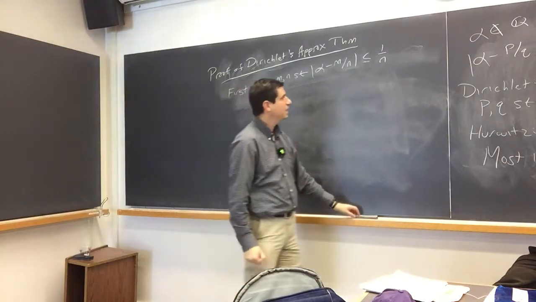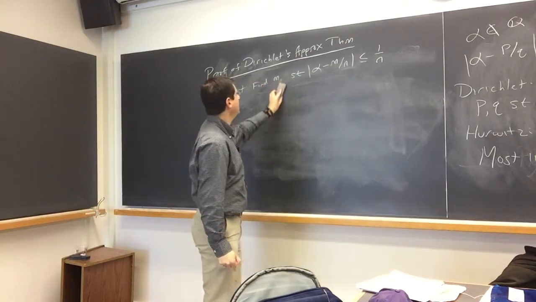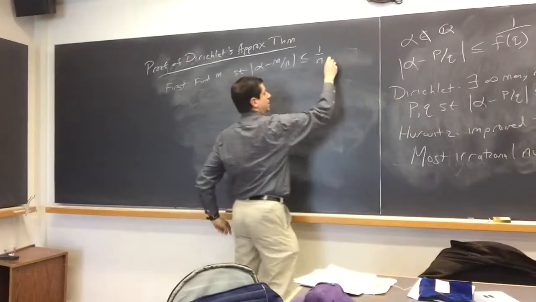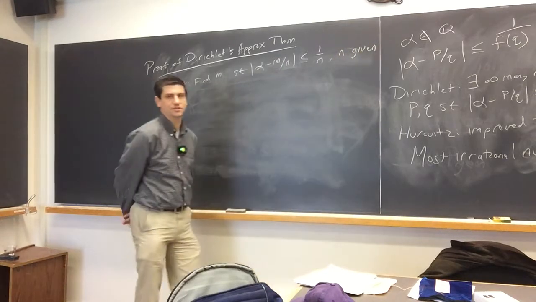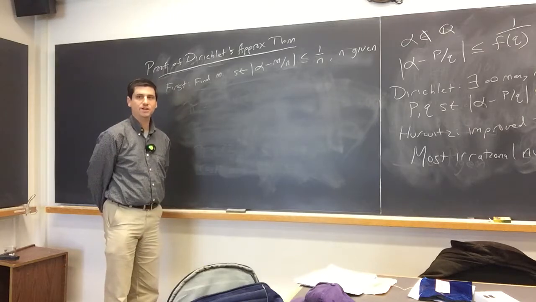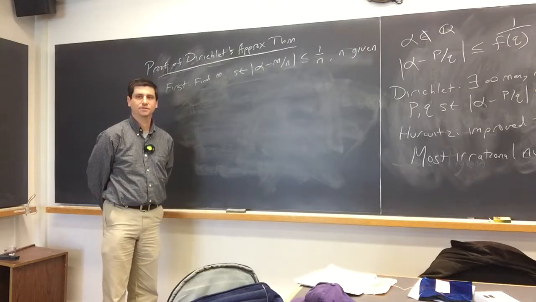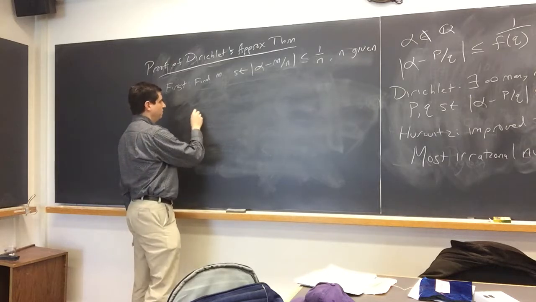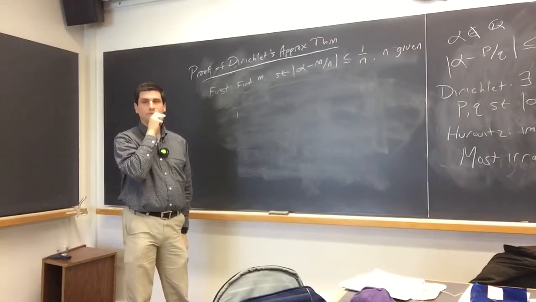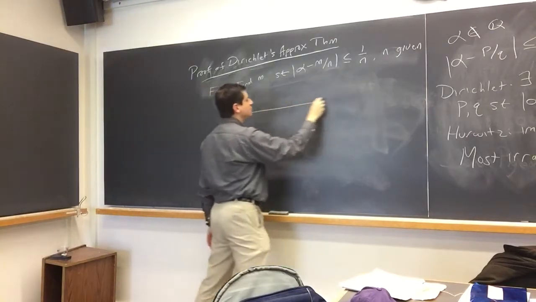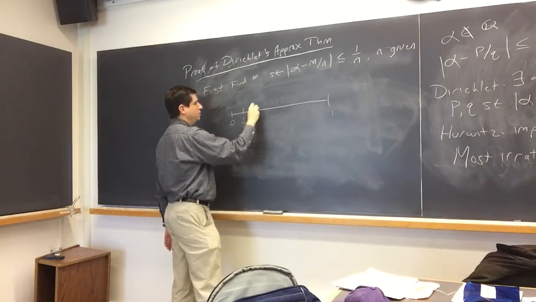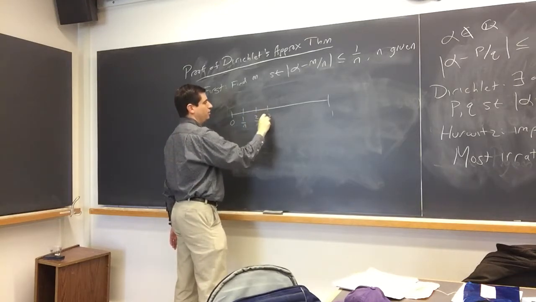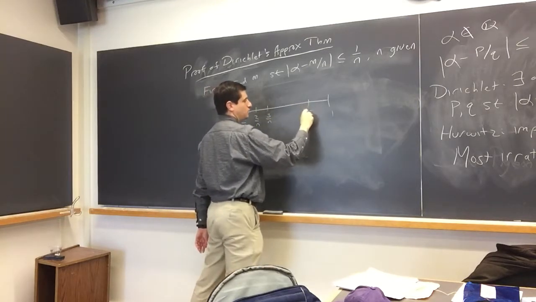Maybe I'll even tell you, find an m such that this is less than, and now maybe n is given. I want to be within a certain tolerance. Any thoughts as to how I would do this? Yeah, so it seems natural that I want to split an interval into n parts. 0 to 1 over n, 1 to 2 over n, to 3 over n, to n minus 1 over n.